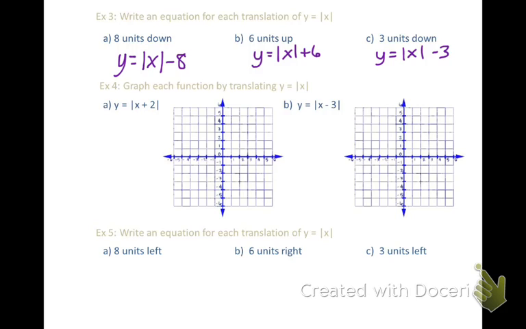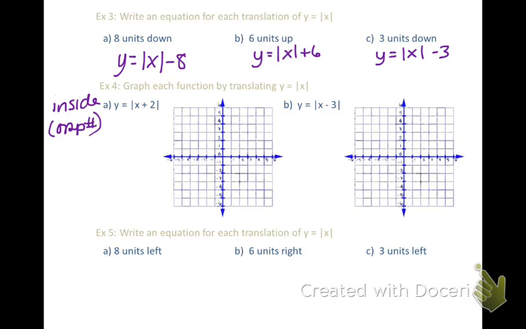Okay, now this one's a little different. On example 4, notice on A and B, the numbers are inside of the absolute value. So this time, when they're inside, it means it's the opposite number.